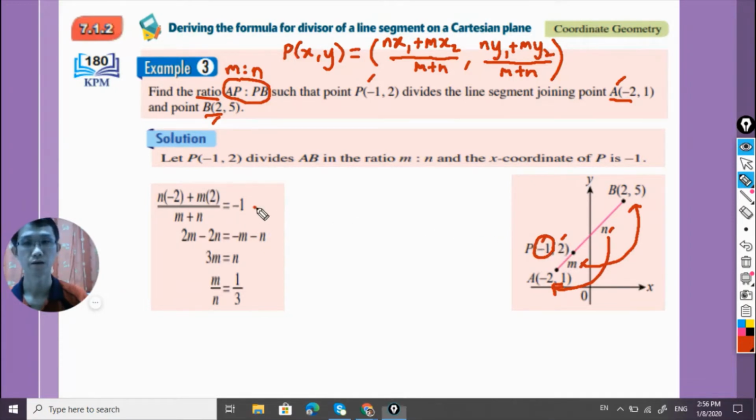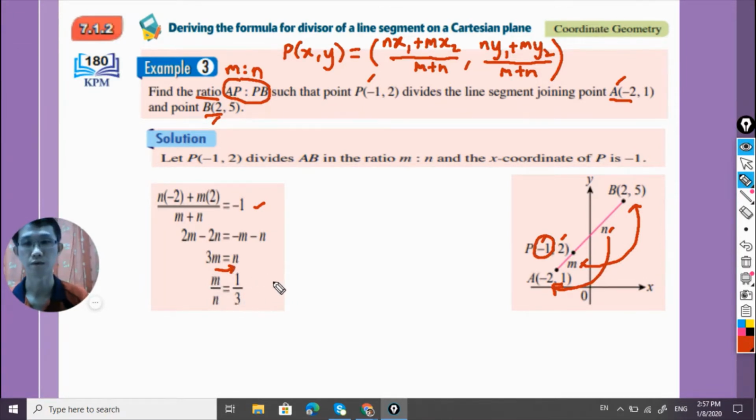By moving the expression m plus n over to the other side, you get -m minus n. Gather all the like terms, put the n over this side and the m over this side, so you get 3n equals m, and the last step, move 3 over, so you get 1 over 3 here, and the other side m over n.